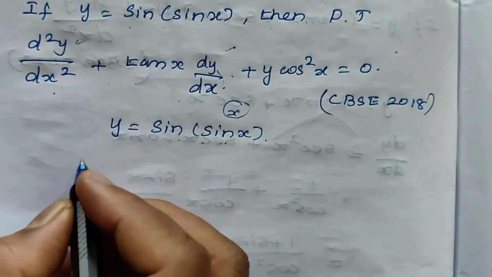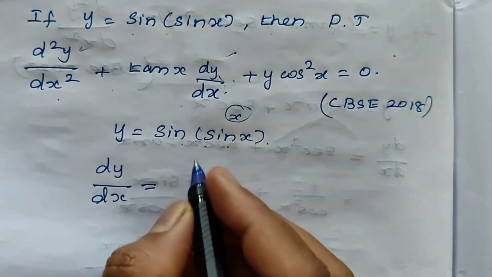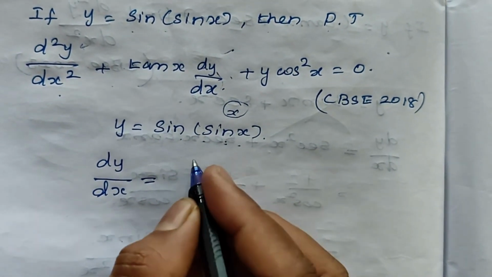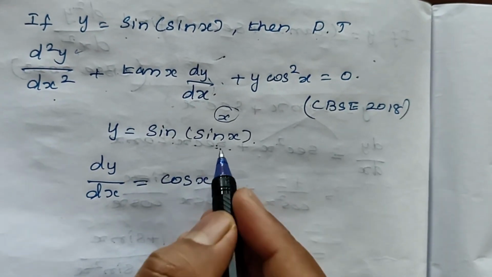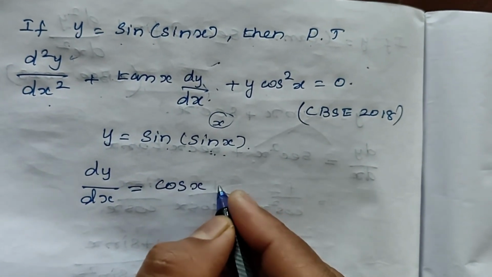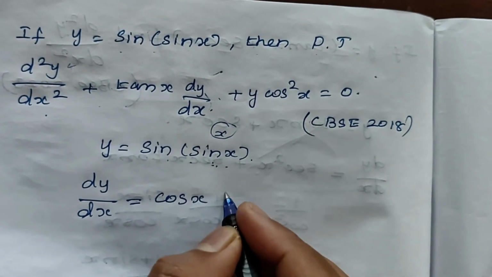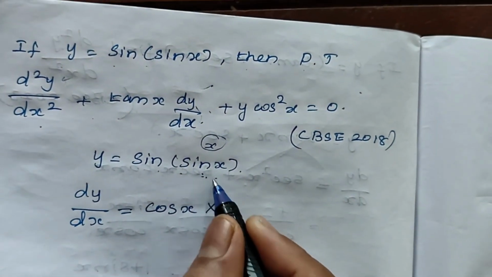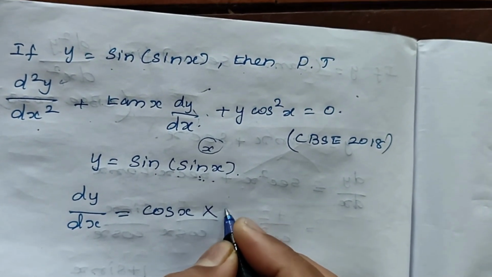So first dy by dx equal to cos of sin x. Sin x is, what is the differentiation of sin x? That is cos x. In the place of x you are having sin x.